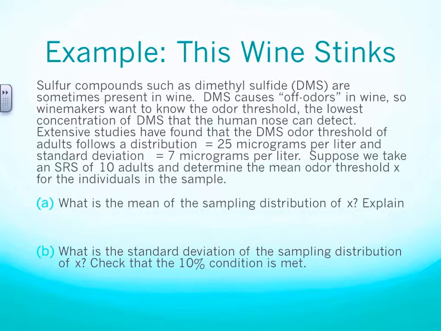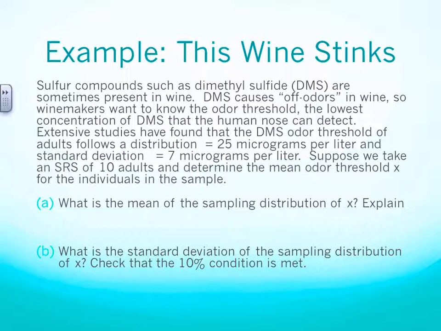Let's take a look at an example of how we can find our mean and standard deviation. Sulfur compounds such as DMS are sometimes present in wine. DMS causes off odors in wine, so winemakers want to know the odor threshold, the lowest concentration of DMS that the human nose can detect.